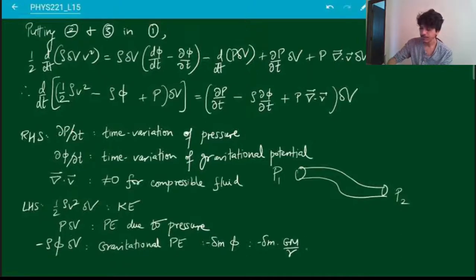Or if you're talking in terms of the old Bernoulli's equation that you're familiar with, this is like your rho g h term, but also with the delta V.